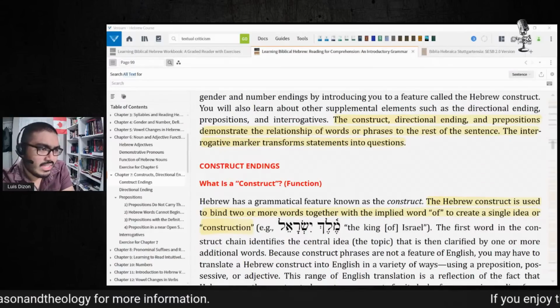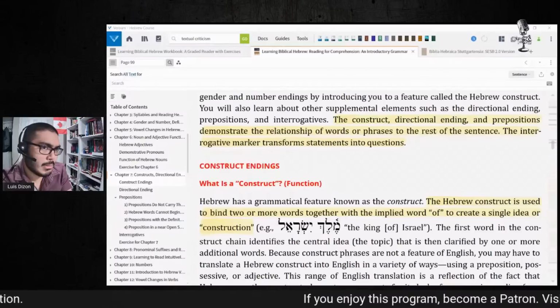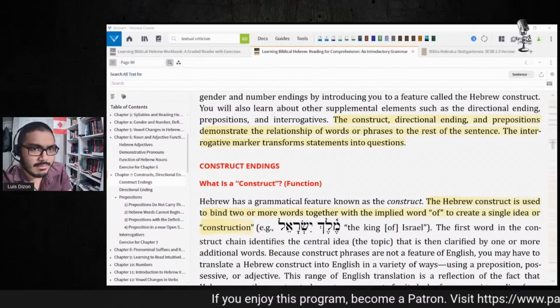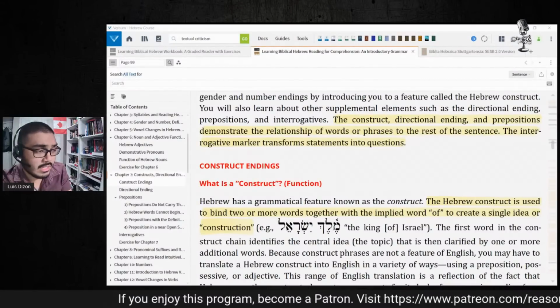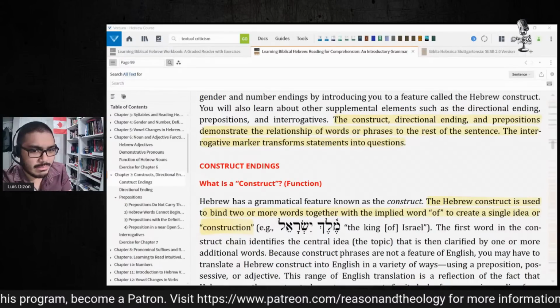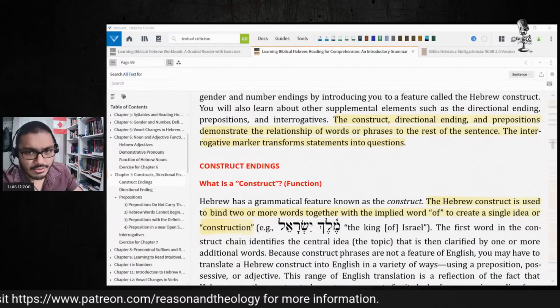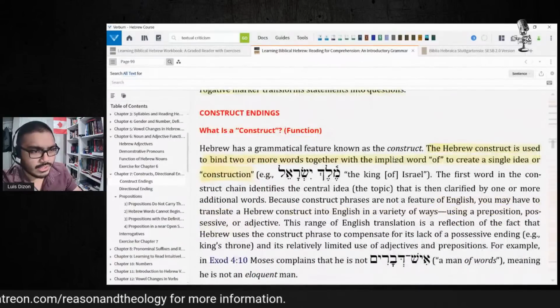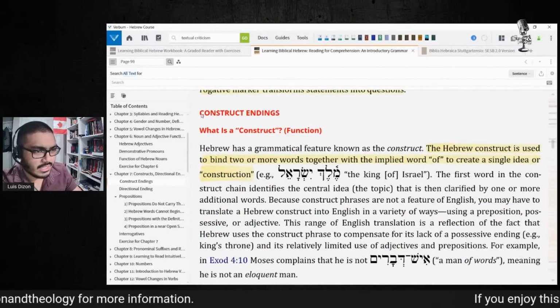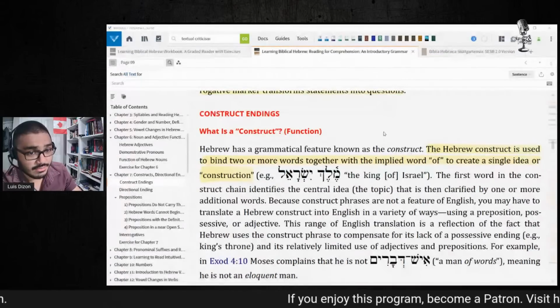In Hebrew, we don't use those terms very often. I'm using them primarily for the benefit of those of you who know these terms from studying other languages. But I'll try to do it minimally. So the construct noun is equivalent to what we would call a genitive noun.